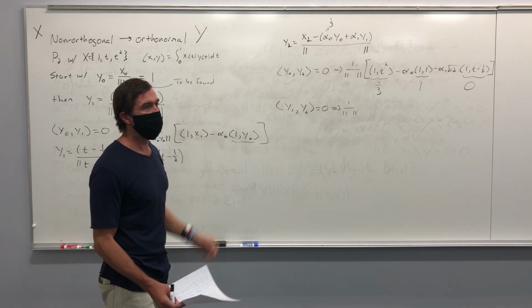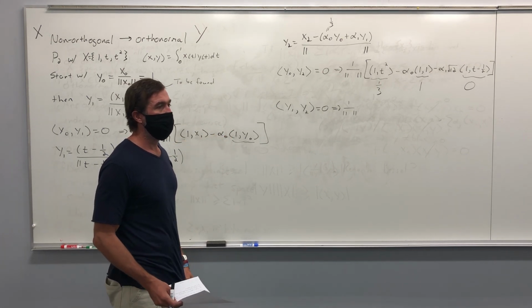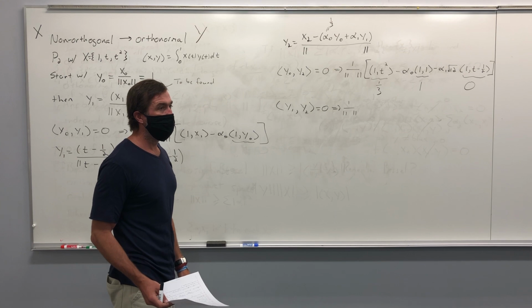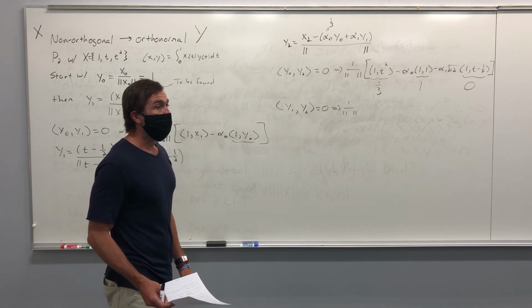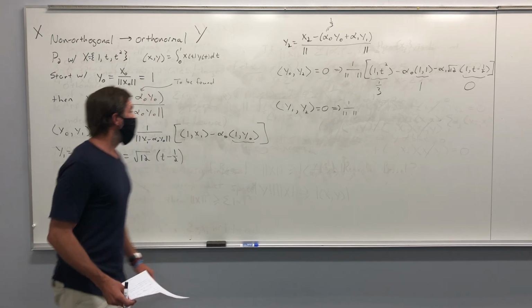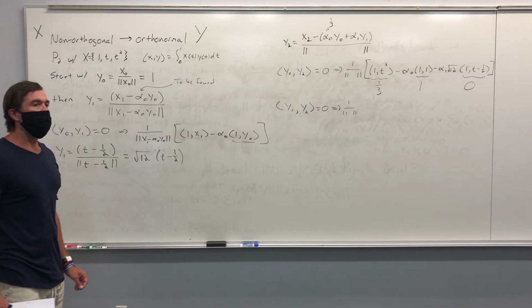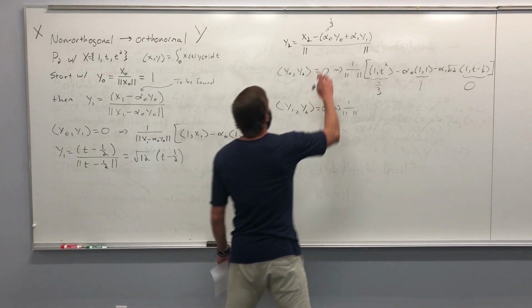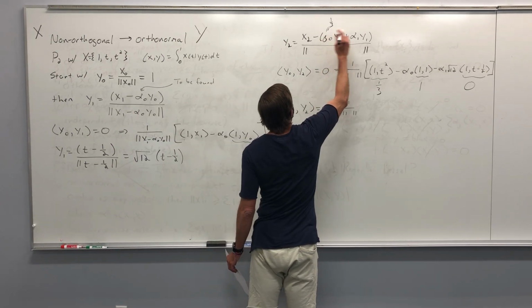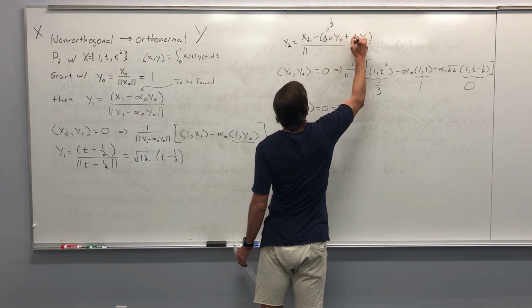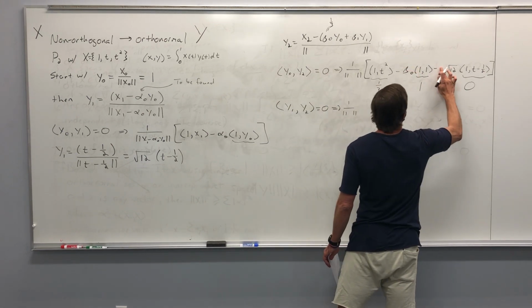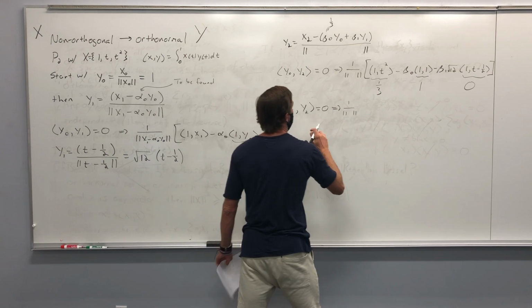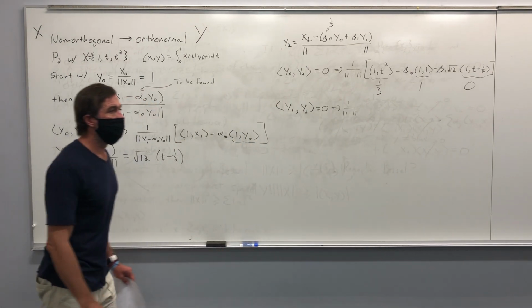I could call it beta naught if that would make you feel better. These are just unknowns that I'm solving for based on enforcing the conditions that these vectors are orthogonal. Gotcha. Okay.